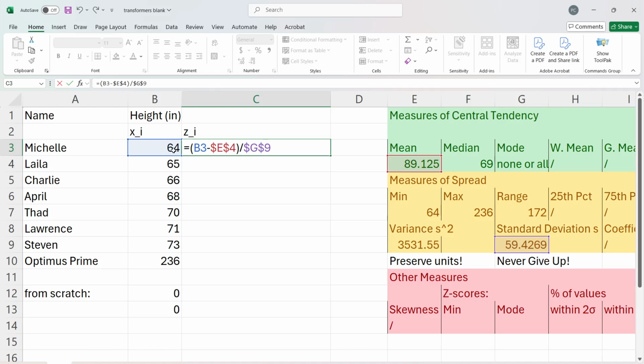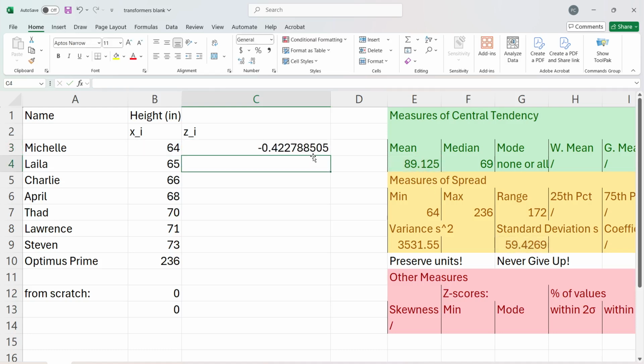So 64, let's do the quick eyeball check. 64 looks like it's let's say 25 less than the average, and the standard deviation is about 60. So this is a little bit less than 1/2 of a standard deviation below average. Sure enough, 0.42 standard deviations negative, meaning below average.